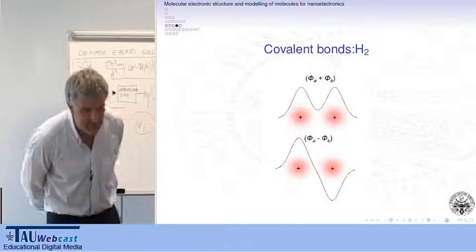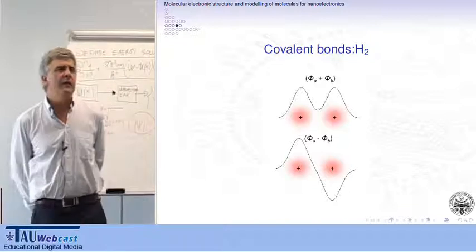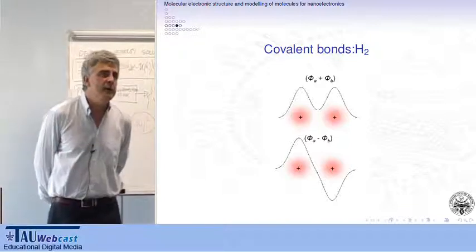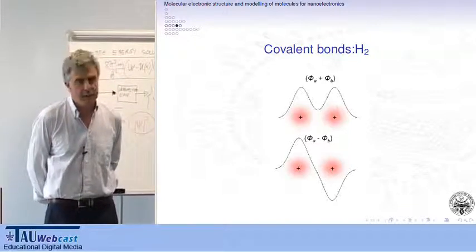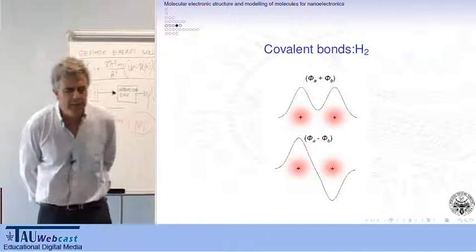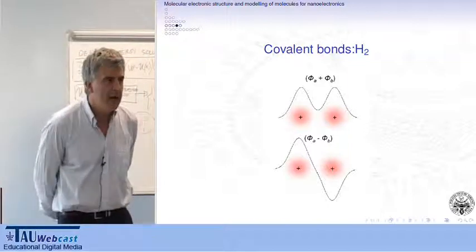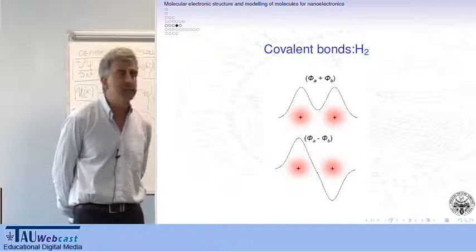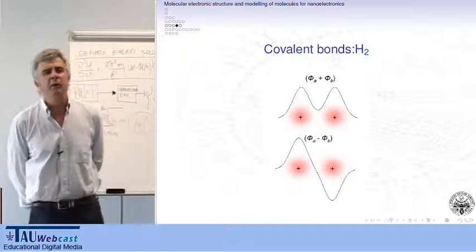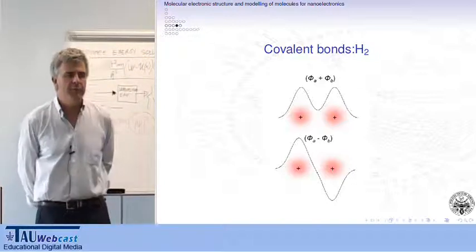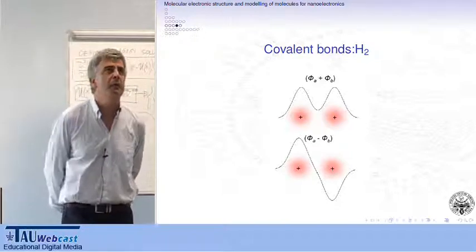And the second one is the difference. This figure is not completely honest, because you know that wave functions are generally complex functions. And in practice, you cannot draw a complex function in this way.